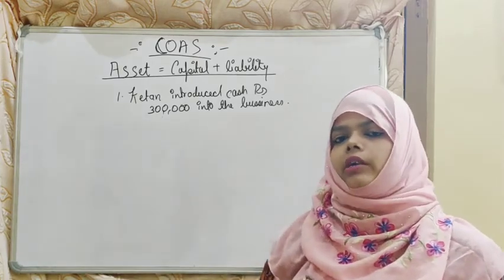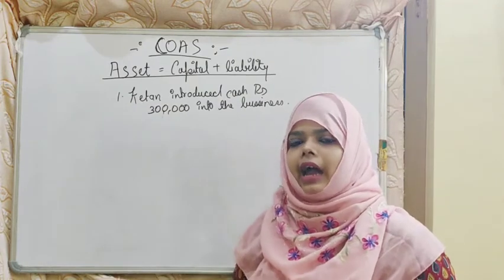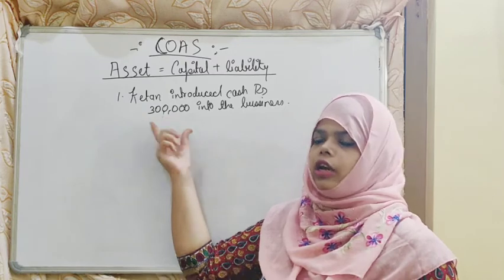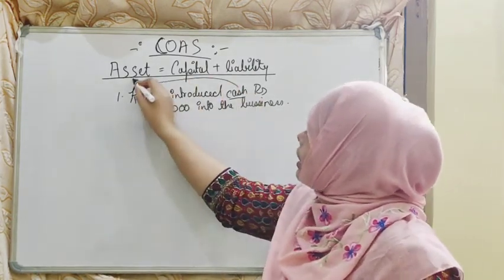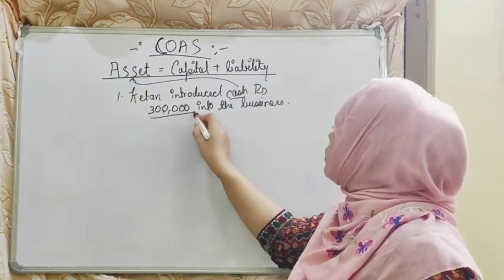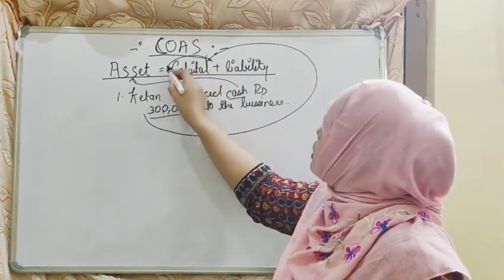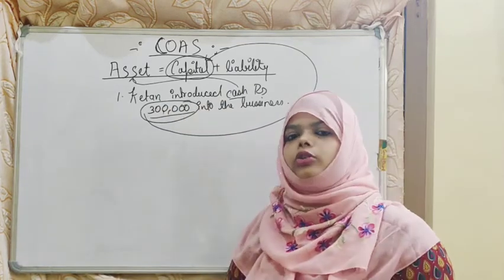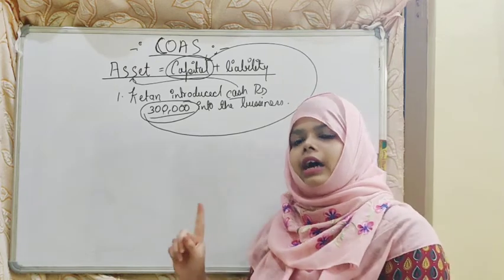As we all know, what is capital? The proprietor of the business brings cash or kind to start the business. So cash belongs to the asset part of the transaction, and the 3 lakhs belongs to the capital part. So this is the transaction affecting the capital and the asset part.